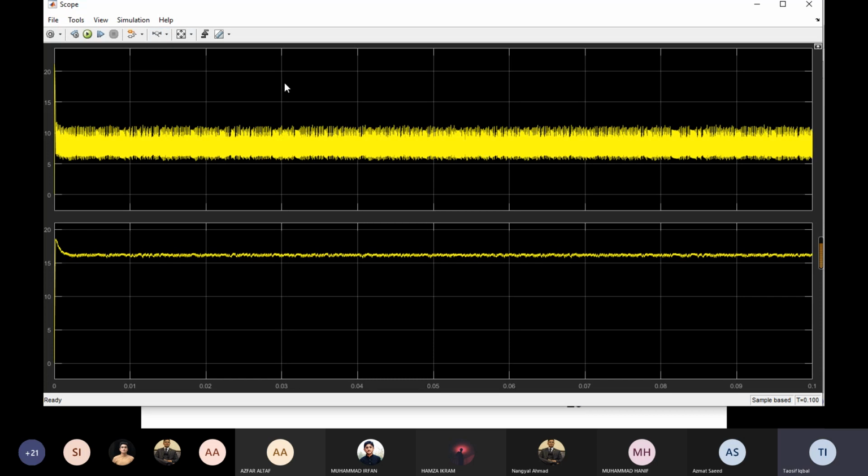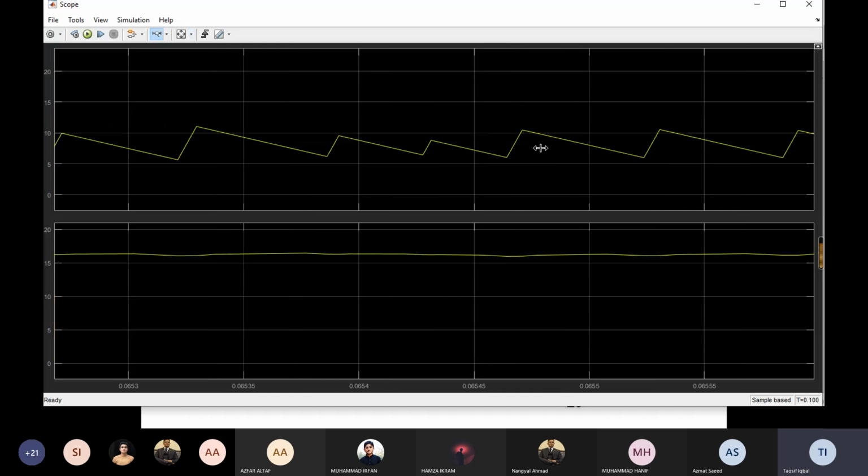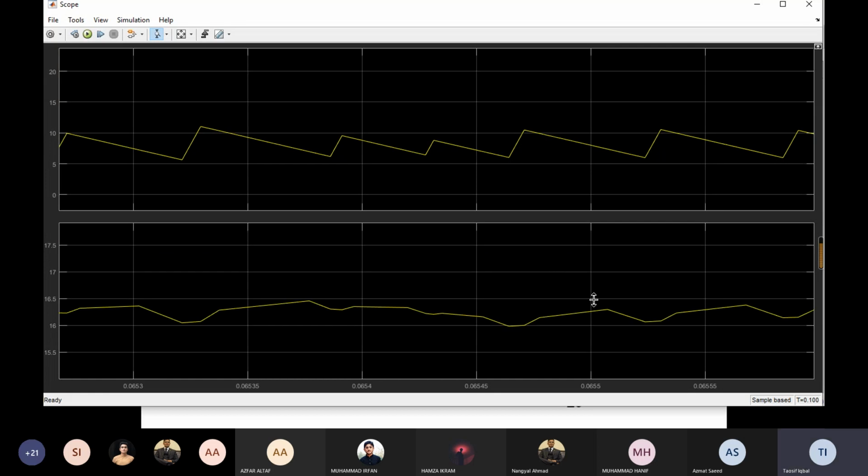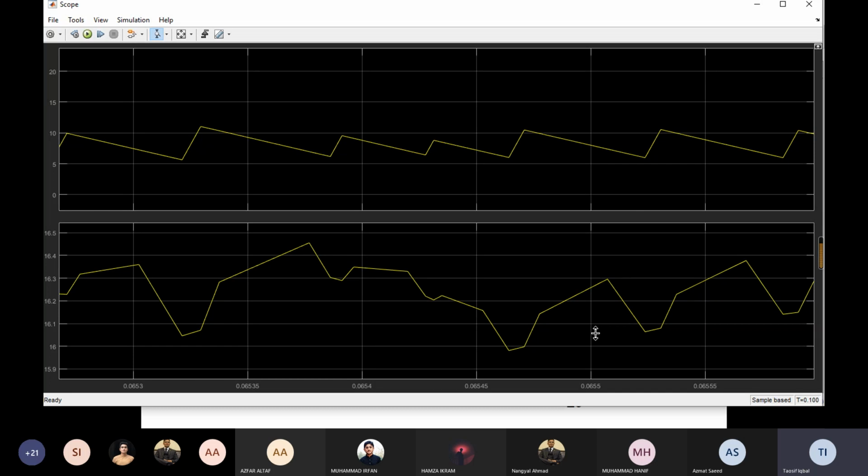There are ripples in the voltage, and similarly in the current, but the average value is close to the reference value, which is 16.2.